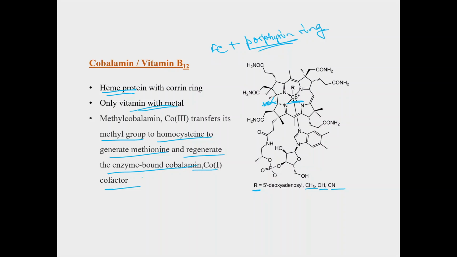So one type of reaction which this cobalamin shows is methyl transfer, right? Since by transferring methyl group from homocysteine, they can make methionine.